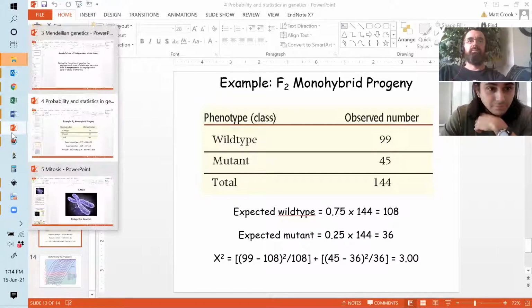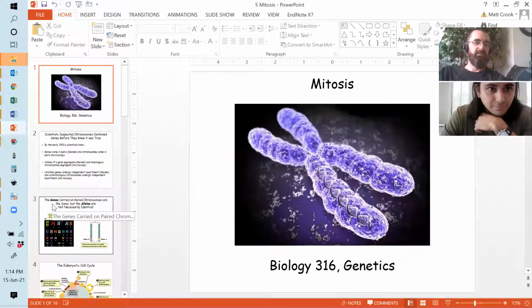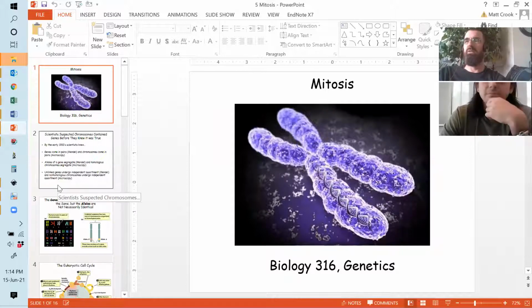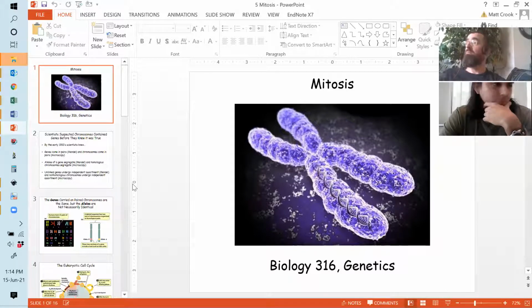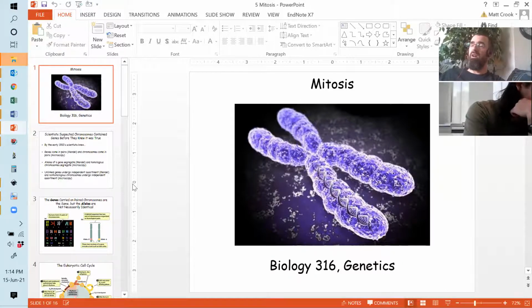Cool. Okay. Stroke some puppy ears while I talk about mitosis. So, one reason why we care about mitosis is that it's the way that we become who we are, essentially, right?